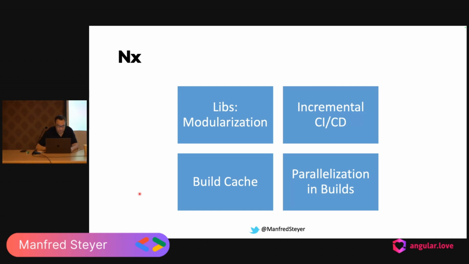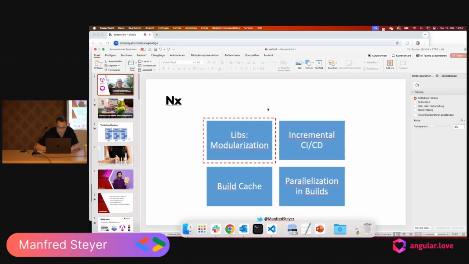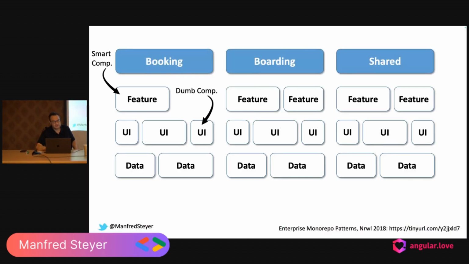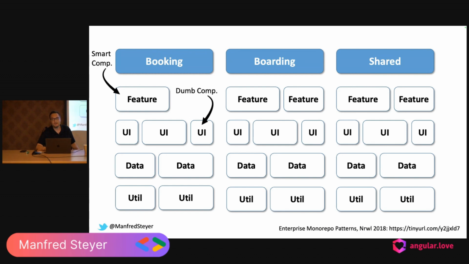So this is quite nice. However, and I always have a however, if you go with traditional NX, all those cells here become libraries of their own. And for some people, this is completely okay. Some people told us, well, this is quite a lot of libraries.